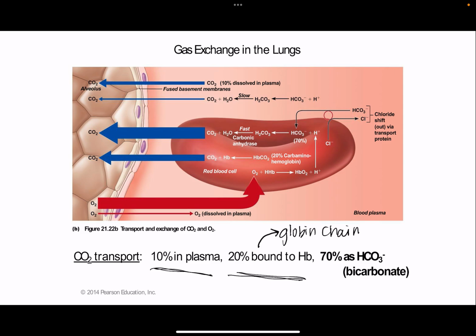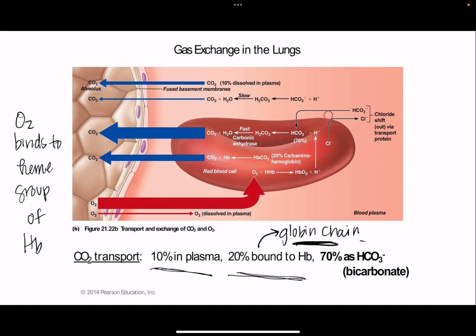Because remember, O2 binds to the heme group of hemoglobin, and Hb is the shorthand for hemoglobin. But oxygen binds to the heme group, and CO2 binds to the globin chain. So it binds to a different part of hemoglobin. So 10% is dissolved in the plasma as CO2. 20% of that CO2 is bound to hemoglobin.